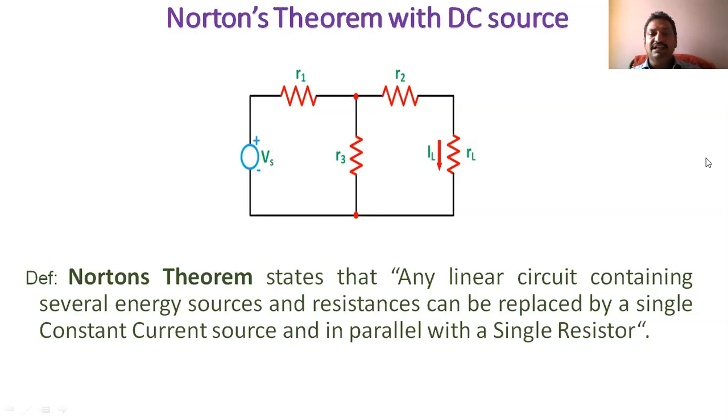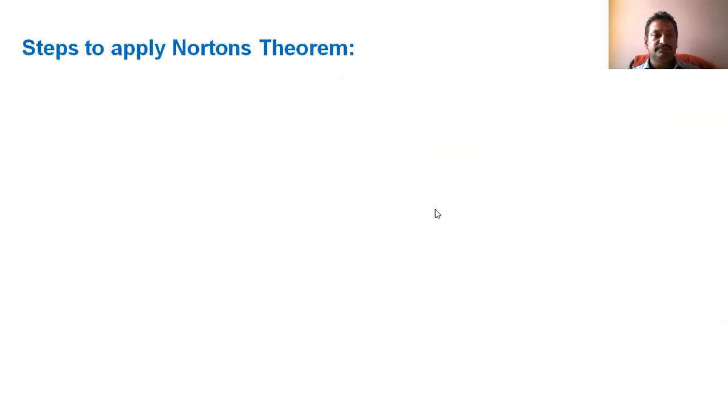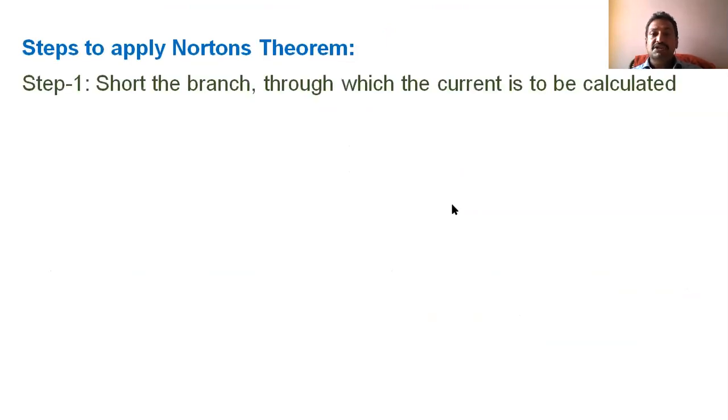So we have many elements and we want to calculate the current flowing through one element. Directly we can calculate it with the help of Norton's theorem as well as Thevenin's theorem. So, steps to follow. In the earlier case, we removed or opened the element in which we want to calculate the current.